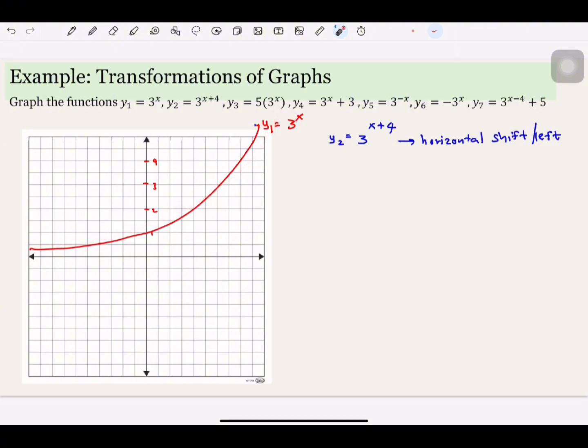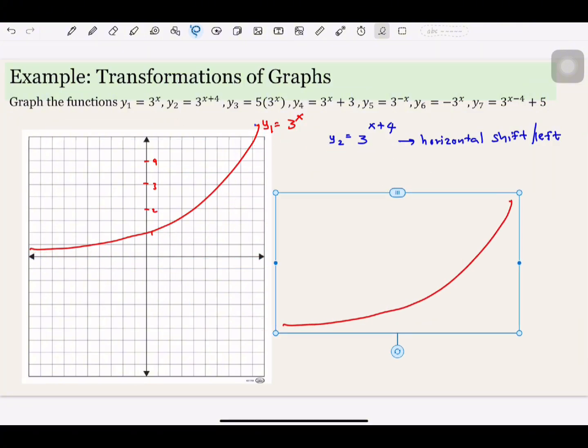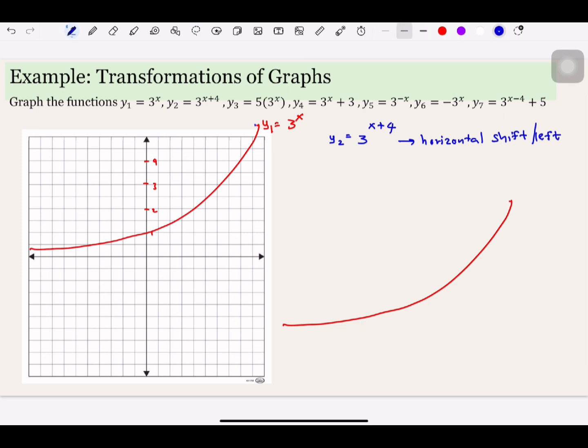So what I'm going to do is copy this, and then move the exact graph to the left by 4 units. If you consider this point, this should move 4 units to the left.